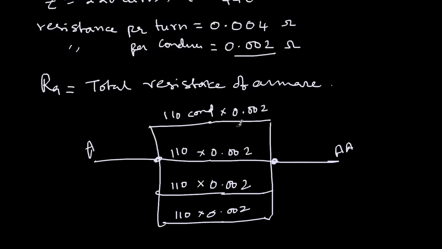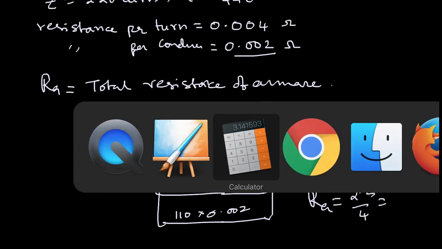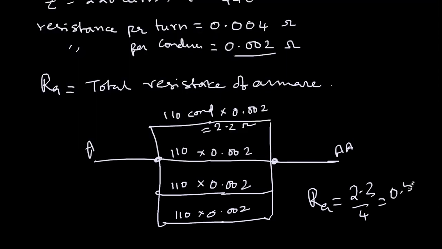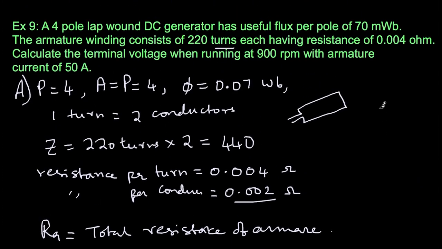So each path will be 2.2 ohms. Therefore by 4 I have to divide to get the RA. RA will be 2.2 by 4 because 4 parallel paths are there. Divide by 4, I'll get 0.55 ohms. So this is the trick part in this question of determining what is the armature resistance.